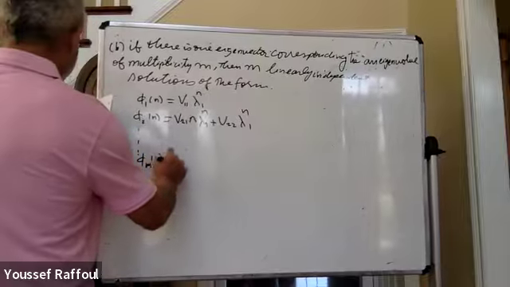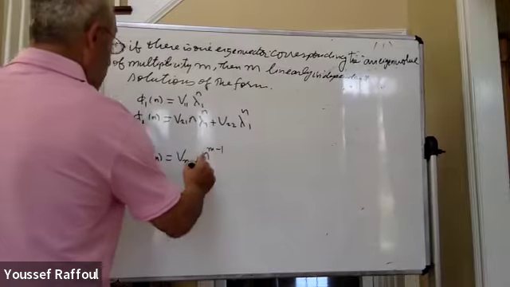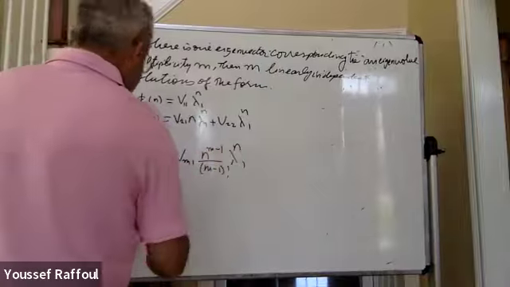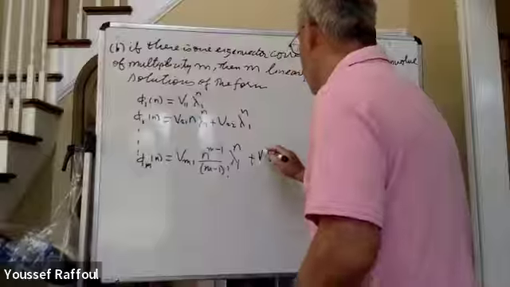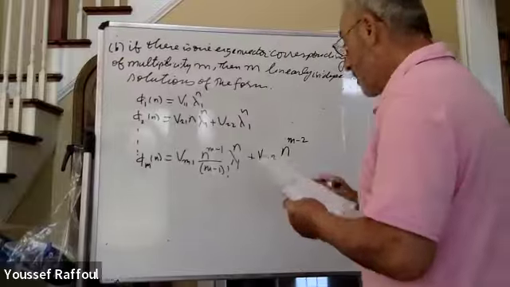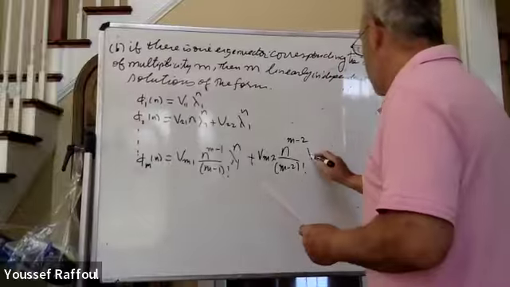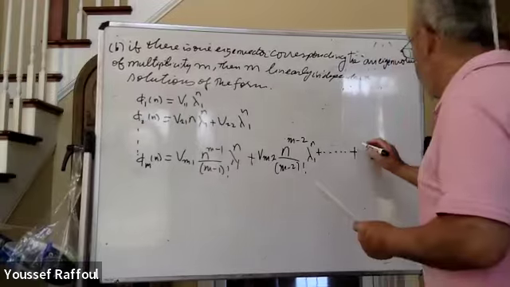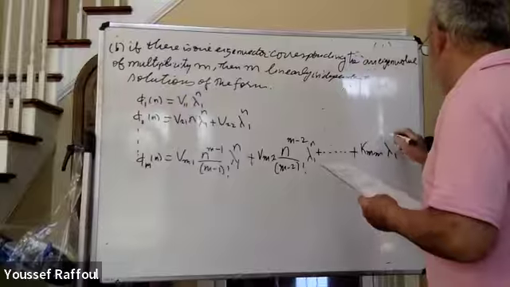And phi_m(n) equal v_m1 n to the power m minus 1 over m minus 1 factorial lambda_1 to the n plus v_m2 n to the power m minus 2 over m minus 2 factorial lambda_1 to the n, and so on, plus v_mm lambda_1 to the n.